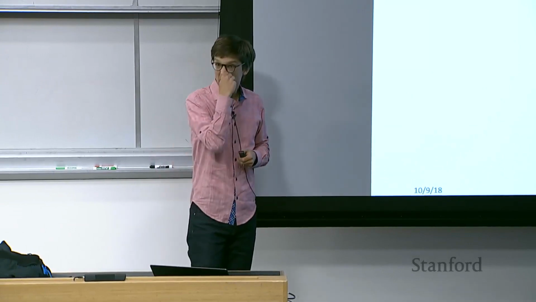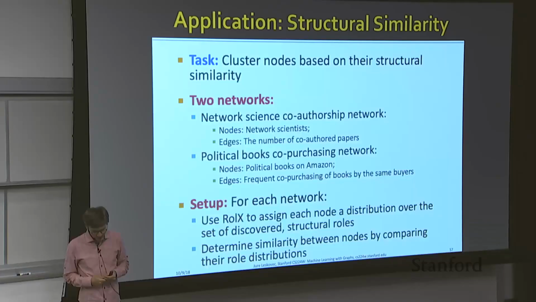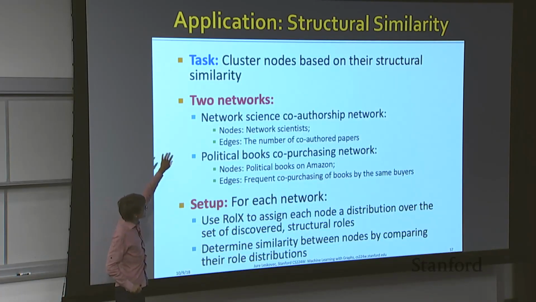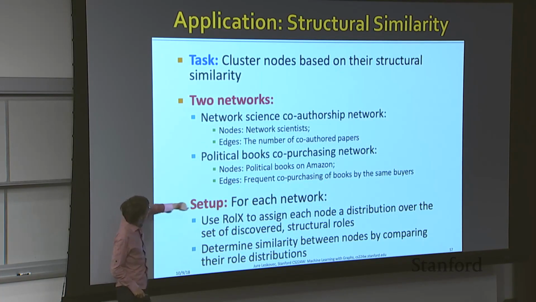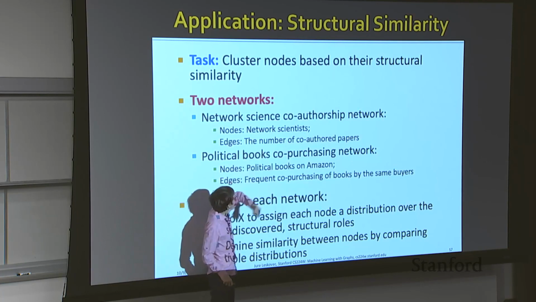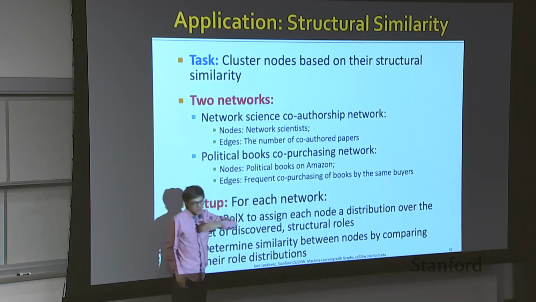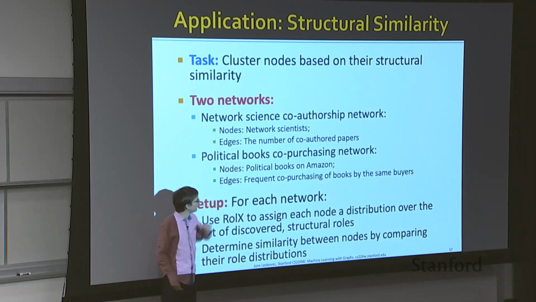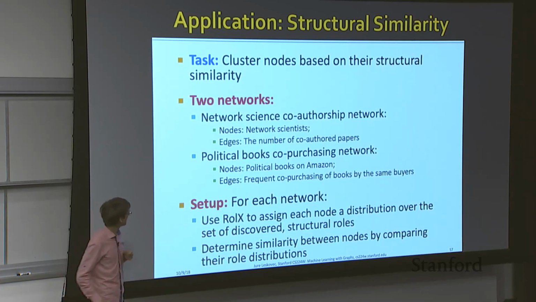To give you one example of this in the last 2 minutes: the goal here is to cluster nodes based on their structural similarity. We will have two networks. One is a network of science co-authorships, where nodes are scientists and edges are co-authored publications. The other is a network of political books and how they are co-purchased.